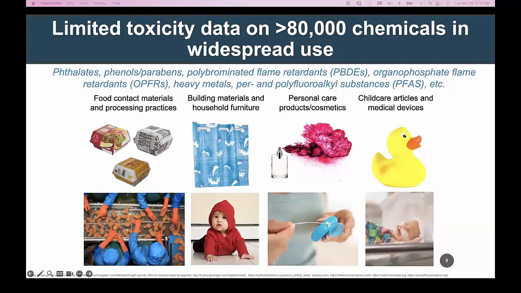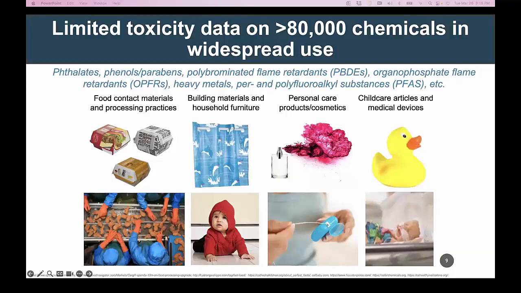Some chemicals that you may have heard of more recently include things like phthalates, which are often used to soften plastic. They're found in food contact materials and personal care products like fragrances and nail polish. Phenols like bisphenol A or BPA and its replacements, which have been used in the lining of canned foods, thermal receipts, and hard or polycarbonate water bottles.